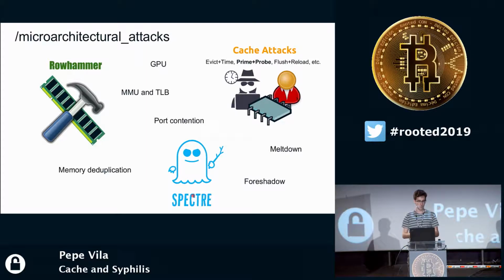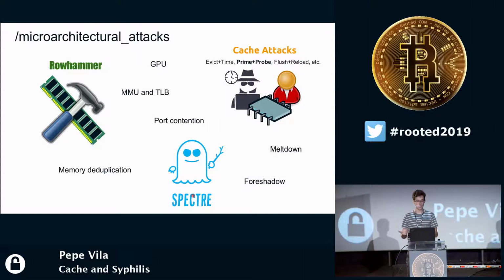Firstly, and I'm going to be very fast, we're going to talk about some attacks to motivate what I'm going to say. Have you heard about Spectre? This is the first part of the presentation. The second thing is we're going to focus on a common problem we have and see the relation with syphilis.